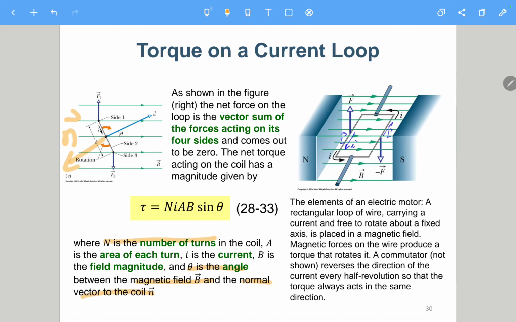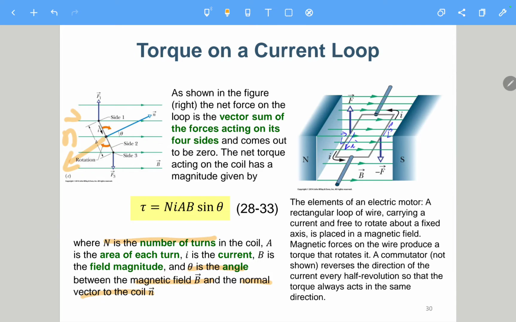How to apply the right-hand rule here is slightly different from working it on the cross product. You use your fingers to follow the direction of the current, and your thumb will point to the direction of the normal vector.